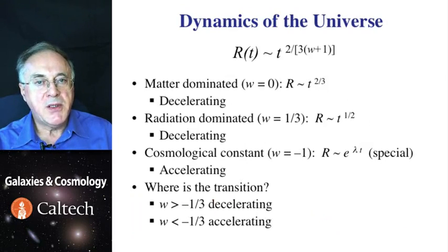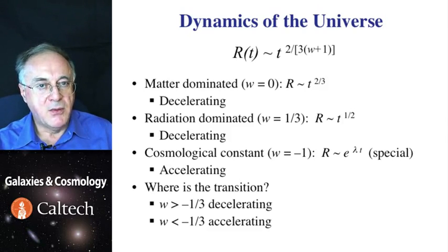So we can express dynamics of the universe in very general fashion here, showing how scale factor depends on time at certain power, which is a function of the equation of state parameter W. During the matter-dominated phase, W is 0. Remember, when we introduced the equation of state, we said that for regular matter, there is no pressure, they're just test particles as far as cosmology is concerned, and the universe expands according to time to the 2/3 power.